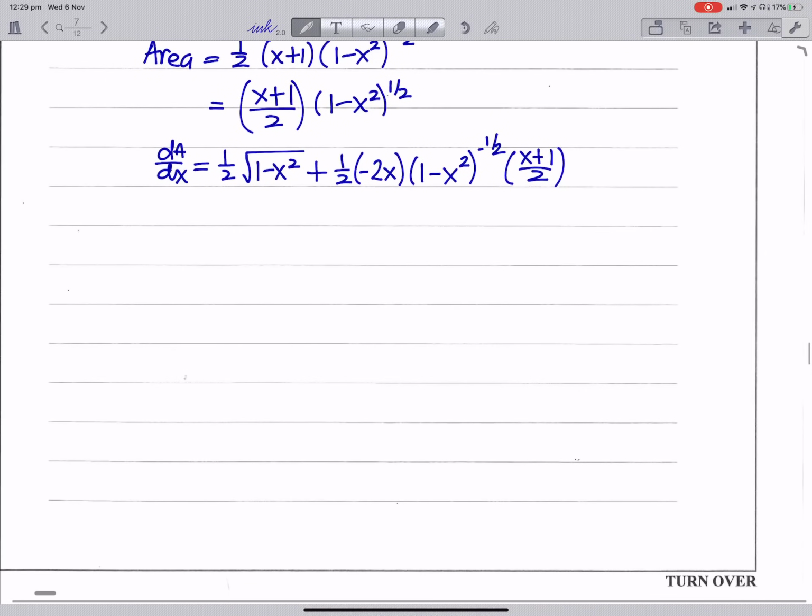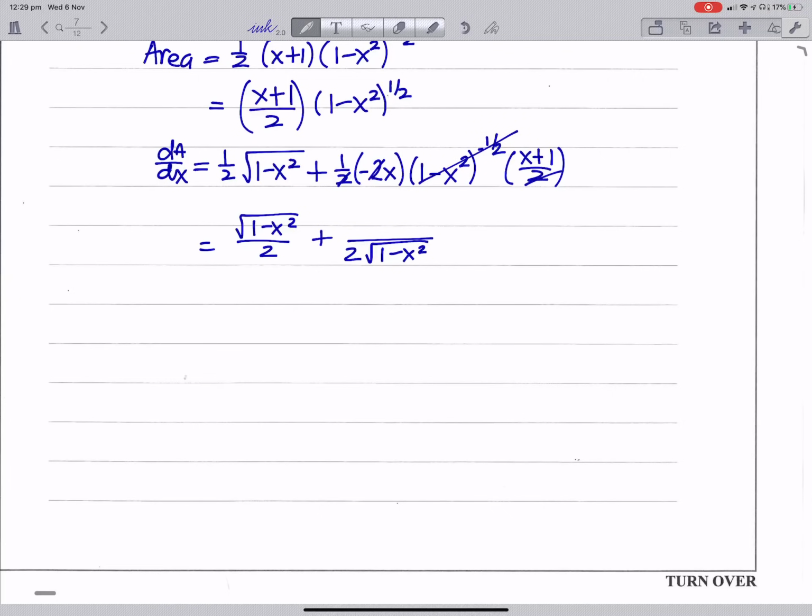Okay, so let's have a look at what we've got. We have got root 1 minus x squared on 2. That cancels with that. So on the bottom we've got a 2, so plus 2 root 1 minus x squared. That's that done, and then I've got x plus 1. Okay, so let's get on with the common denominator.